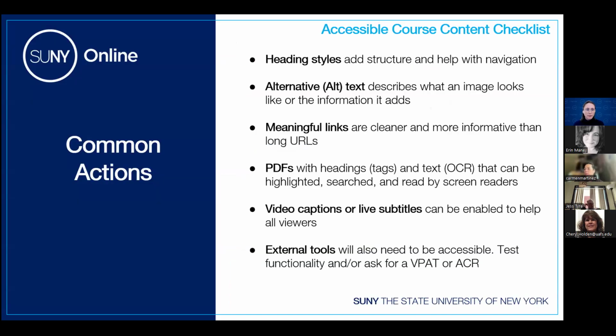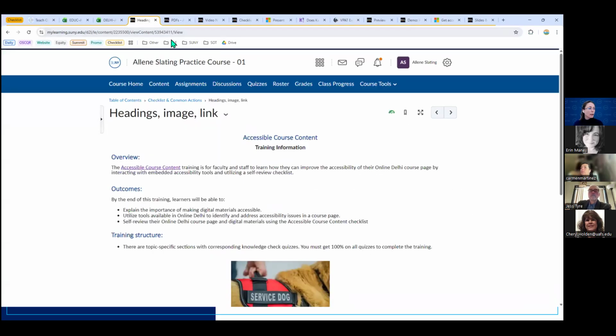So we have our alternative text, we have our heading styles, and we also need to have meaningful links. Meaningful links are going to be hyperlinked text. So instead of putting the whole URL, we're just going to select our text and hyperlink that. It's a lot cleaner and more informative than the big long URL.